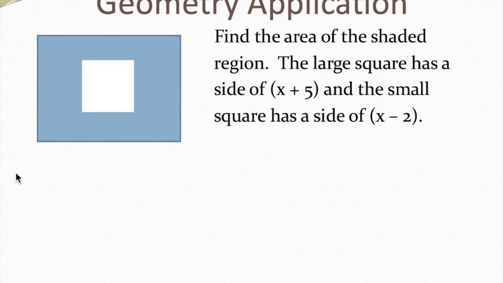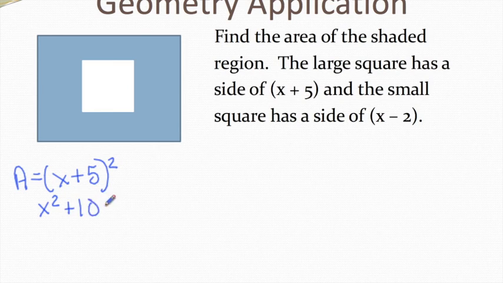The area would be x plus 5 all squared. So x squared, we square our first term. We find the product of the two terms, so 5 times x, which is 5x. We double that to make this plus 10x. Then we square the last term, so 5 squared would be 25.